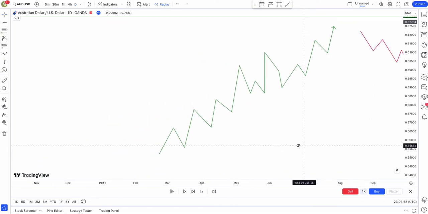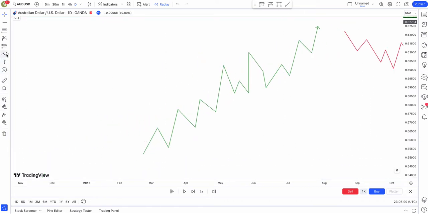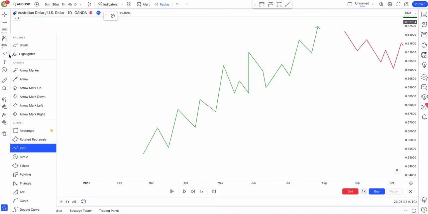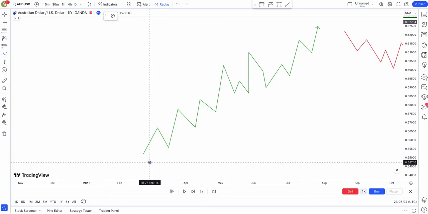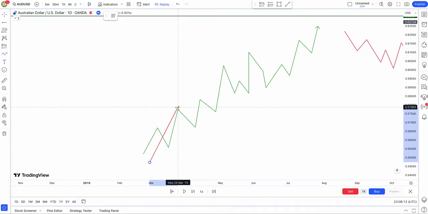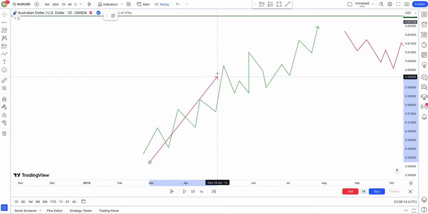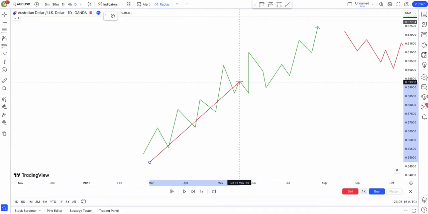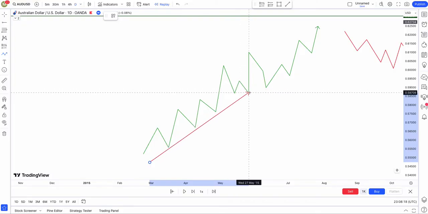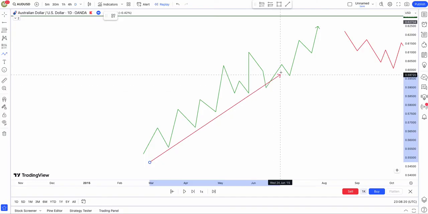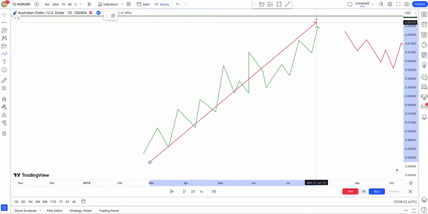For the bullish line graph, we can see that price is making a higher high, higher low. This low is higher than this low. Higher high, higher low, higher high, higher low, then a lower high, lower low, and then a higher high, higher low, higher high, higher low, and higher high.